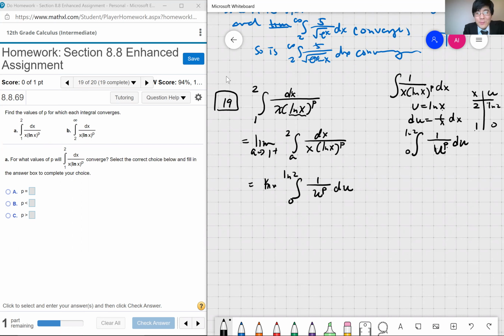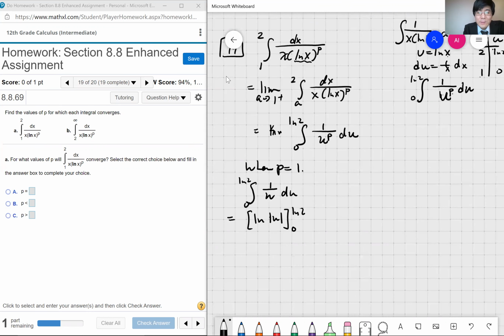Okay, so this integral you have to split into cases because when p is equal to 1, it's kind of special. So when p is equal to 1, it is the integral from 0 to ln of 2 of 1 over u du. That is equal to ln of the absolute value of u from 0 to ln of 2.